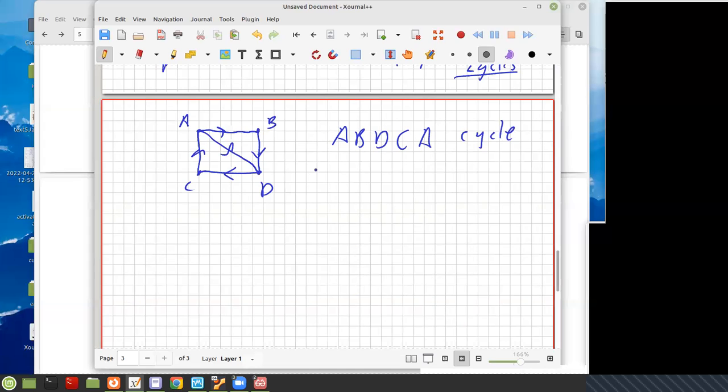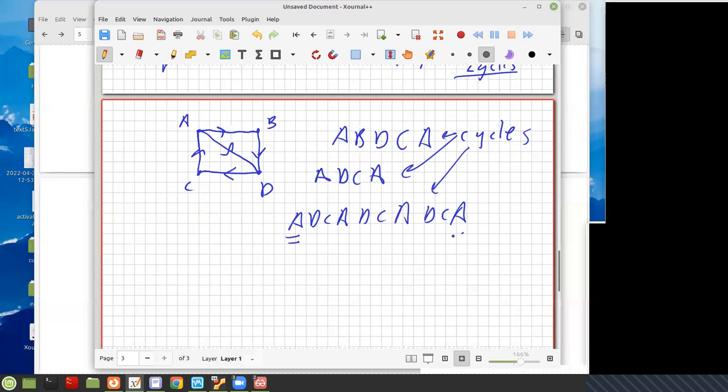Okay, so there's also A, D, C, A. And we can also do A, D, C, A, D, C, A, D, C. Just keep going around and around the loop. These are all cycles because the first node is the same as the last node. And the same idea works on undirected graphs.